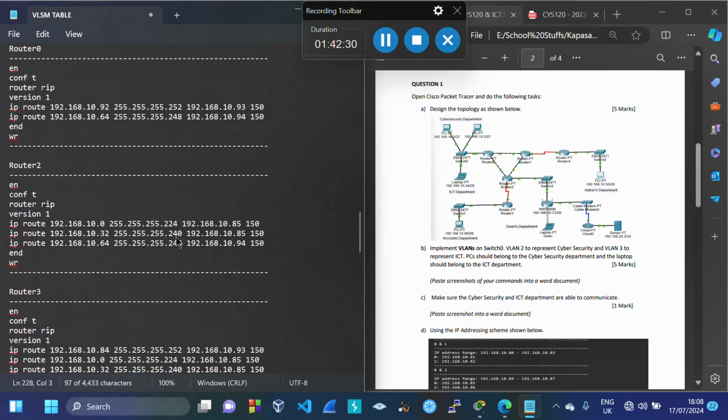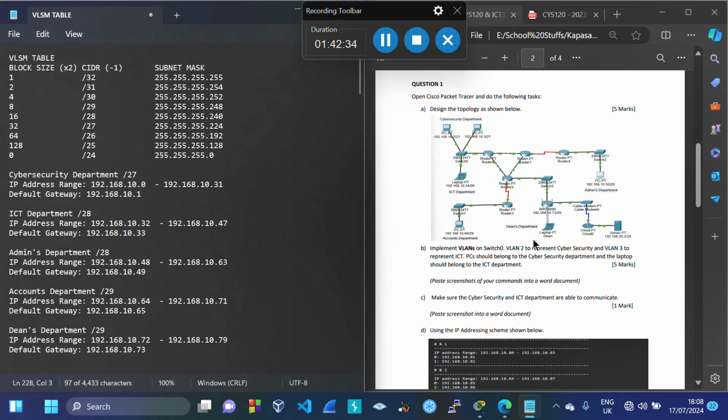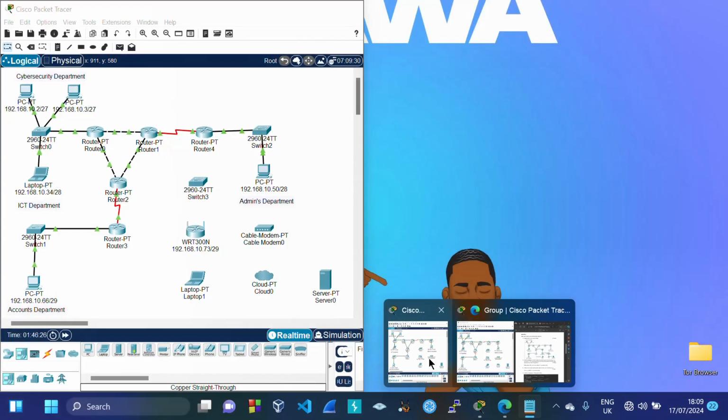So our subnetting for that, which is the Dean's department, we are saying the default gateway is .73, quite alright, but /29 has a block size of 8 and a mask of 248. So I'll keep track of the block size, which is 8, and the mask, which is 248.